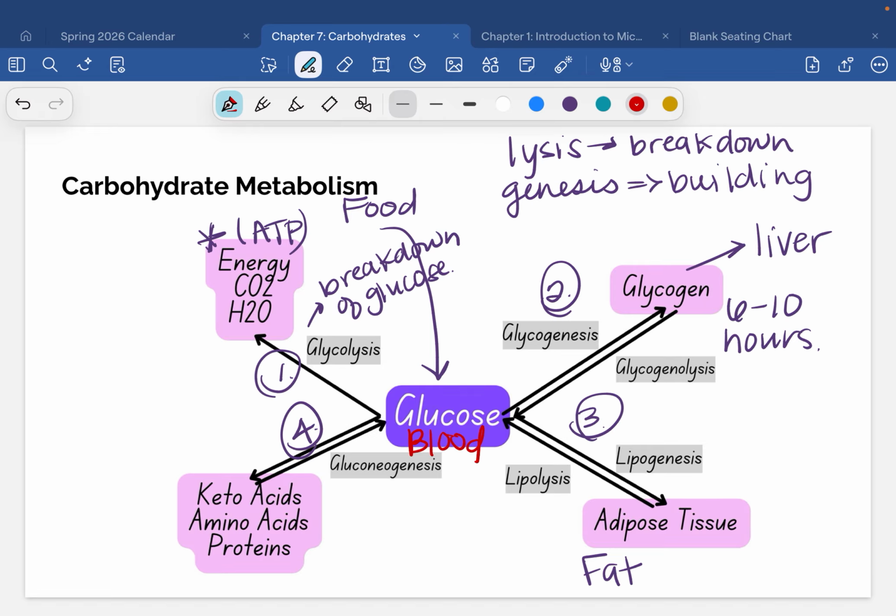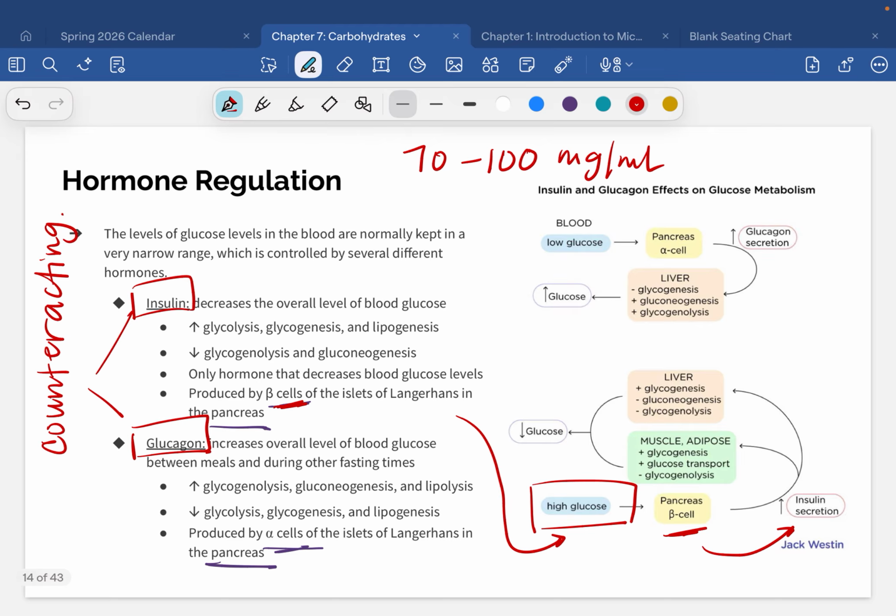All of the processes pointing away, taking that blood glucose out of the blood, turning it into energy, turning it into glycogen, turning it into fat tissue, turning it into proteins. All four things that point away from the blood glucose. And the end result of that is going to be a decrease in blood glucose. Hopefully back within that nice normal range.